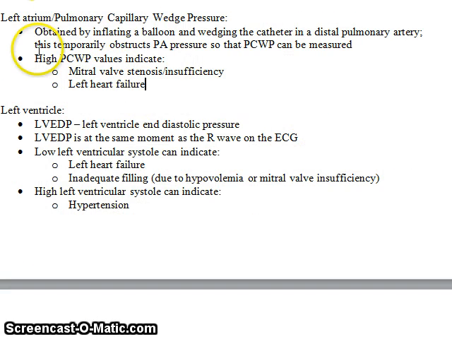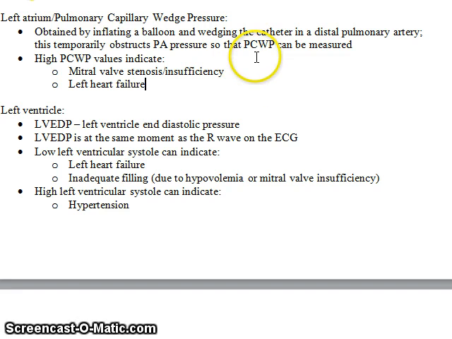Okay, the left atrium. The left atrium, remember, its mean is about 10, so you have to know those values. The waveform looks very similar to the right atrial waveform. The difference is it's going to be a little bit higher. It's on the left side of the heart, so the pressures on the left side of the heart are higher. And I'm going to demonstrate in a video how this left atrium pressure is measured.